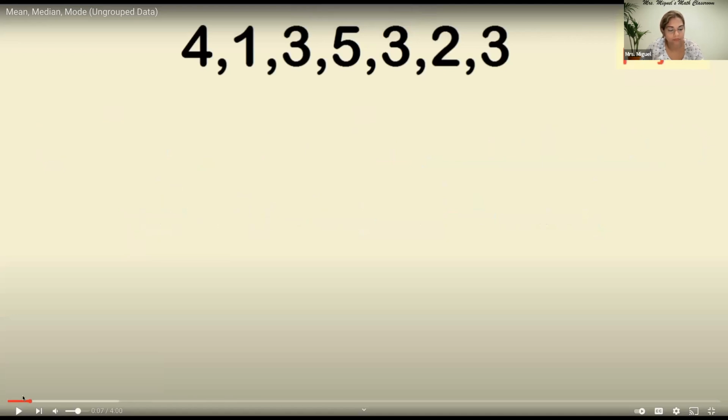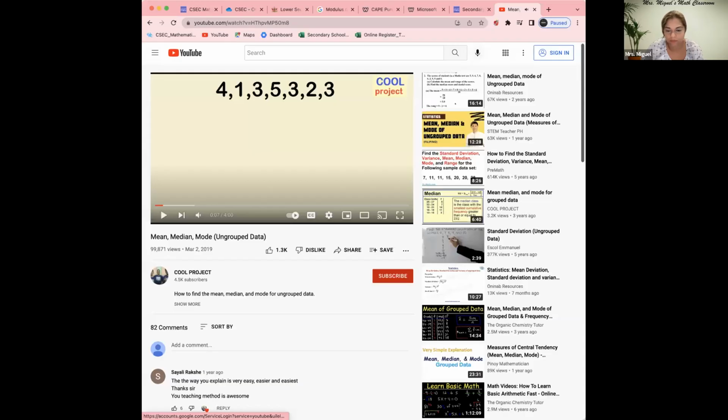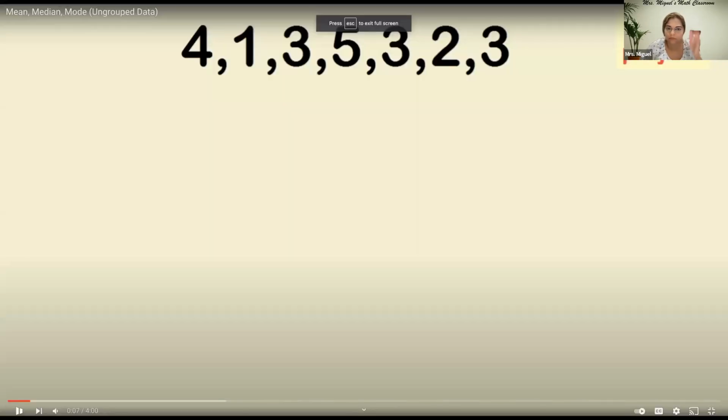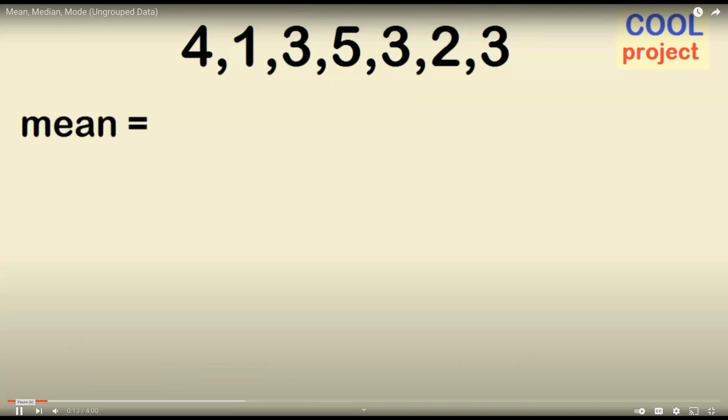Following data from values 4, 1, 3, 5, 3, 2, 3. To find the mean, just add and divide.